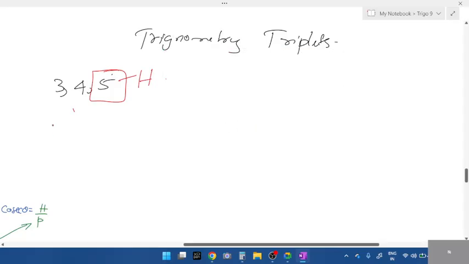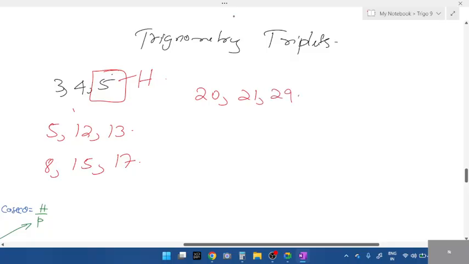In the same way, second triplet. Second one is 5, 12, 13. And I'll give you only the common ones. Next we have 8, 15, 17. Remember these numbers, 8, 15, 17. And you have the 12th question also. 20, 21, 29.